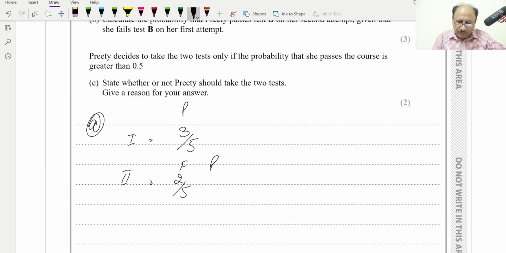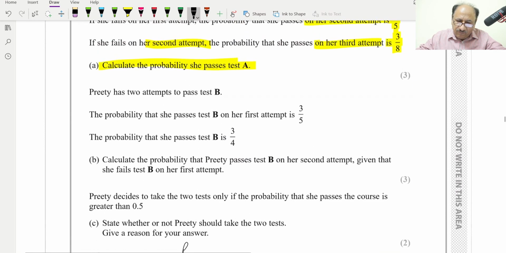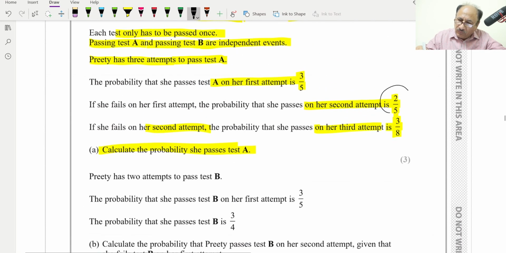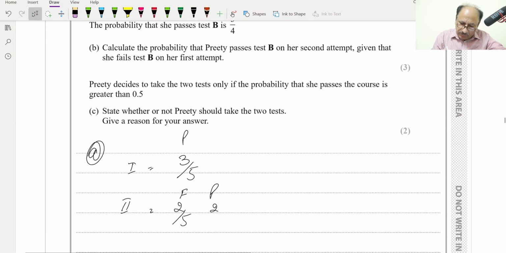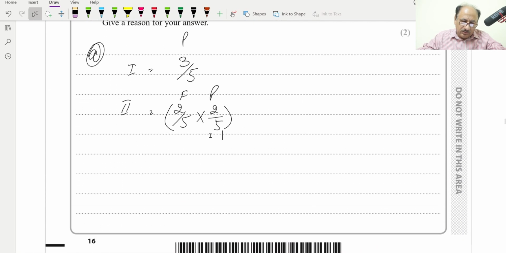So we have taken first fail and second pass, and the second pass probability they have provided is 2 by 5. We write the second pass probability here and multiply these two. This will be the probability for second attempt pass. There can also be a third attempt pass, which will be first fail and second fail.